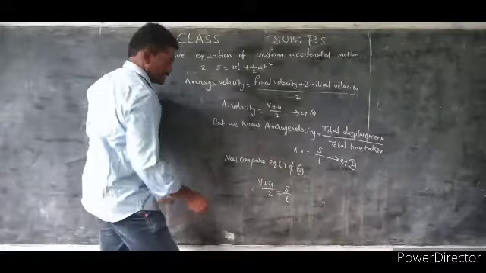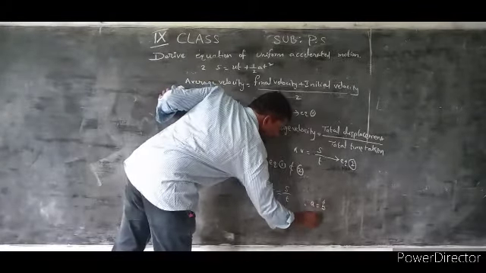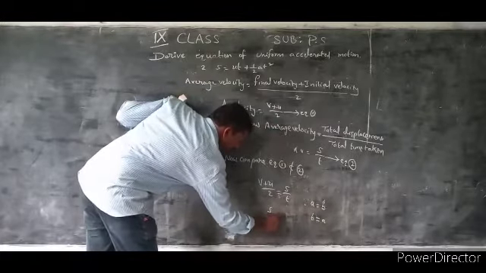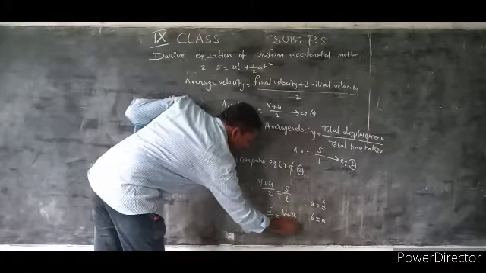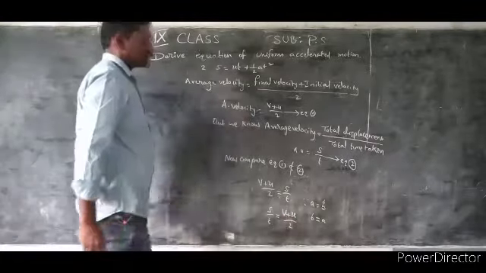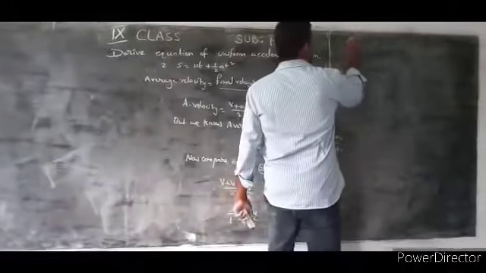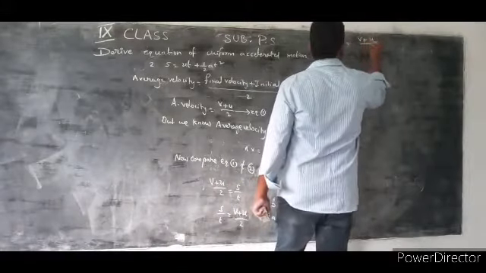As in mathematics, if a is equal to b then b is equal to a, so I will write s by t is equal to v plus u by 2.